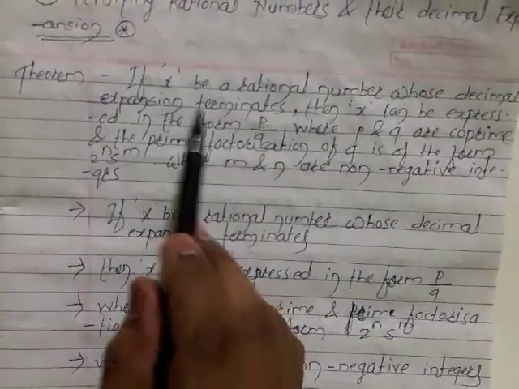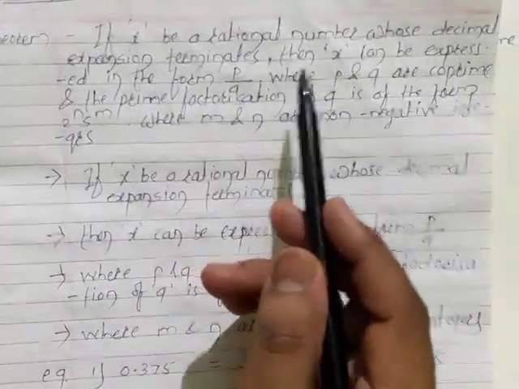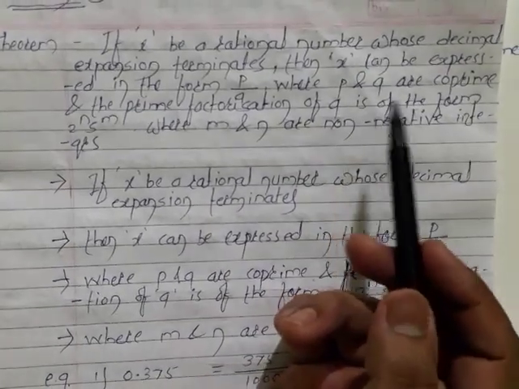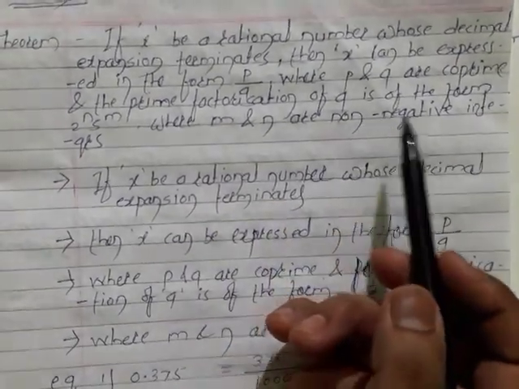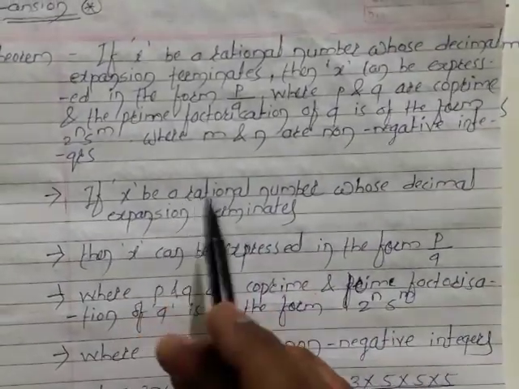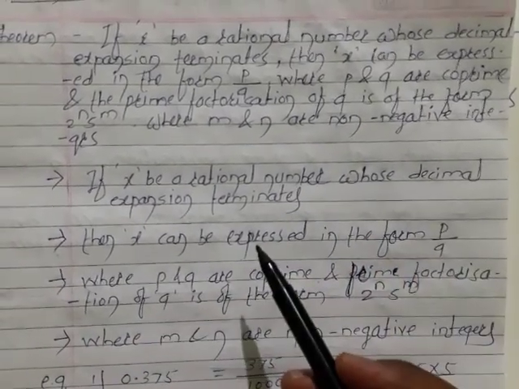Okay, if x be a rational number whose decimal expansion terminates, then x can be expressed in the form p upon q, where p and q are co-prime. The prime factorization of q is of the form 2 raised to n into 5 raised to m, where m and n are non-negative integers.